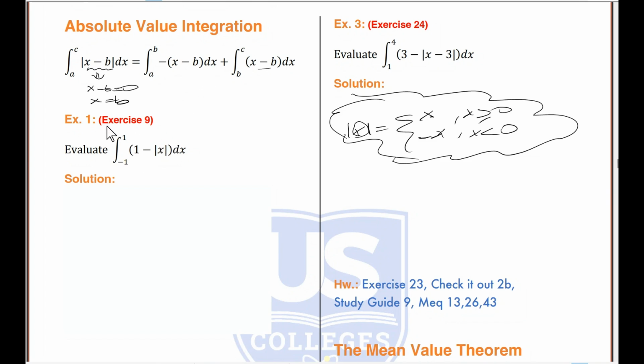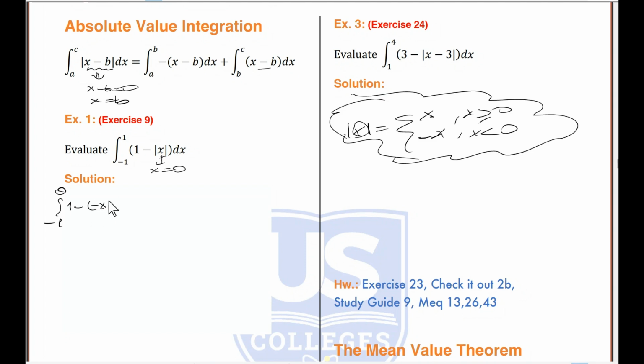Now let's take a look at the first question, exercise 9. Integral from negative 1 to 1 of 1 minus absolute value x dx. Now, what makes absolute value 0? 0. So I'm going to break this integration into two parts. Integral from lower bound to the critical value of 1 minus how this absolute value x comes out. Since we have a number less than 0, it will come out as its opposite.